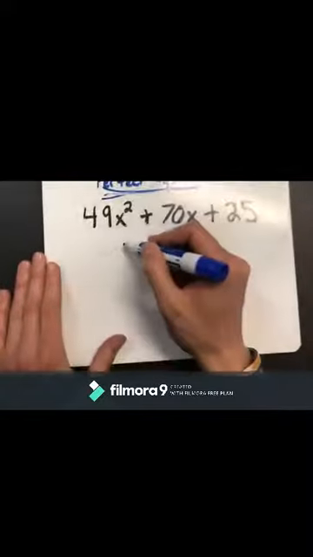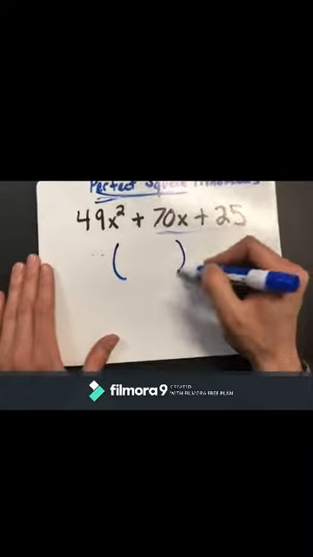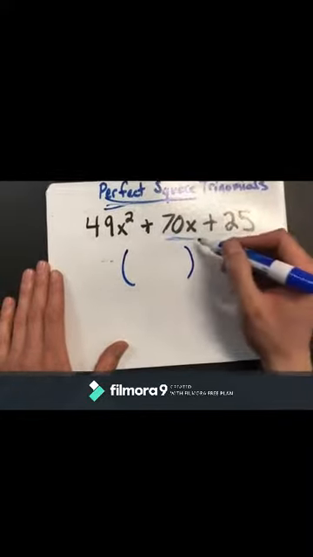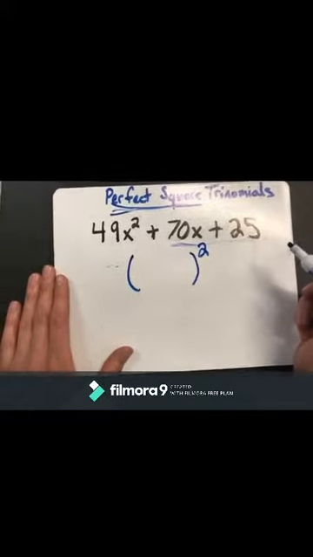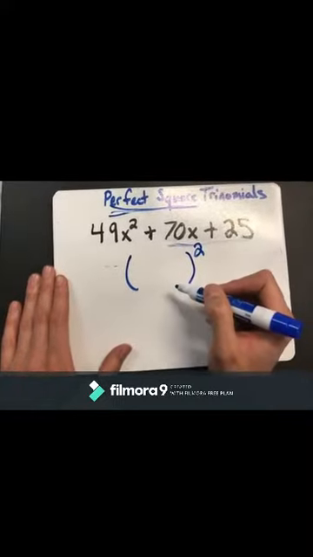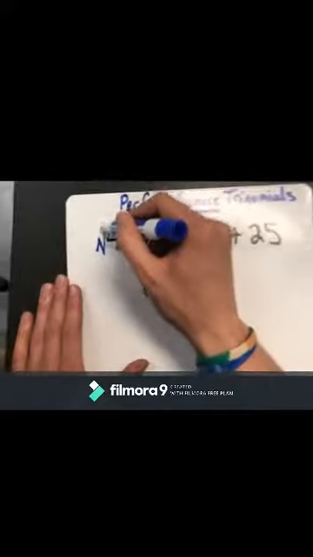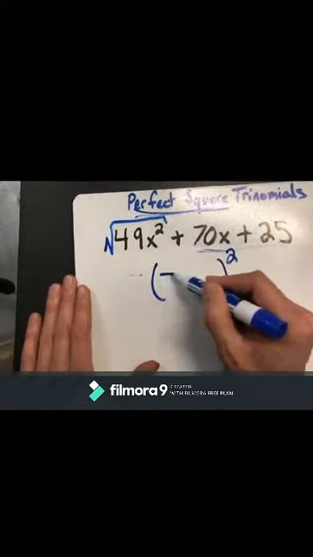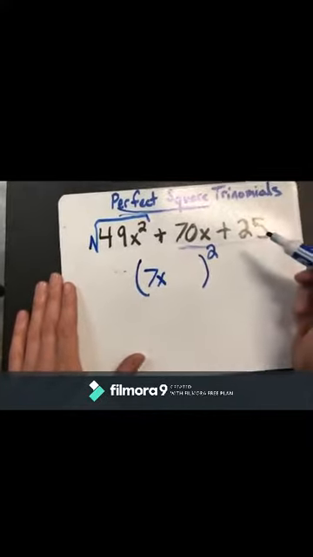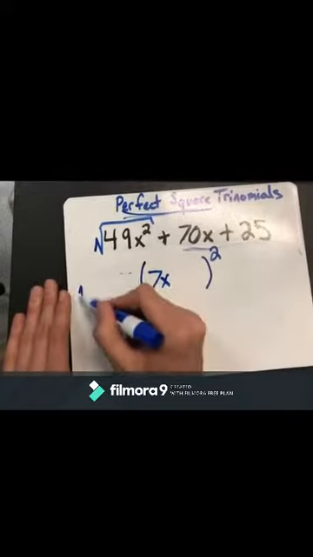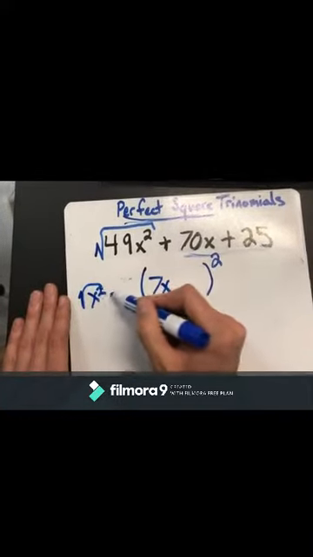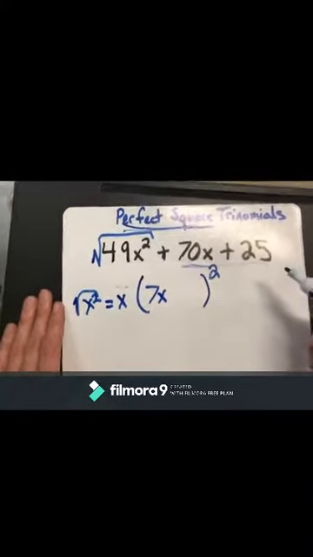My factors I can put as a parentheses with a square. In my parentheses, I'm going to put the square root of my first term, which is 7x. We didn't go over this, but the square root of x squared equals x, which is considered a perfect square.